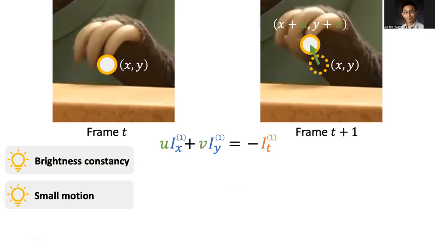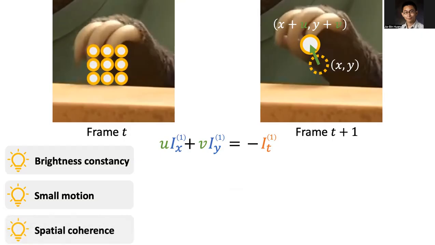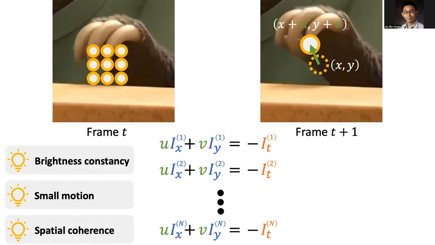But you have two unknowns and only one equation, so you couldn't solve it. Therefore you make another assumption: nearby points move the same. This gives you more equations that share the same u and v.